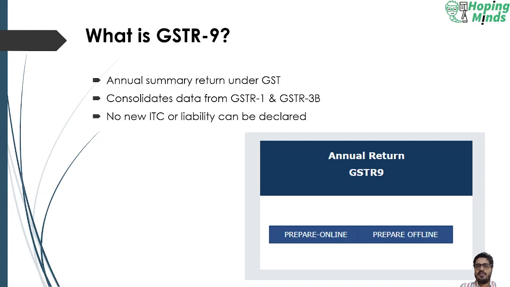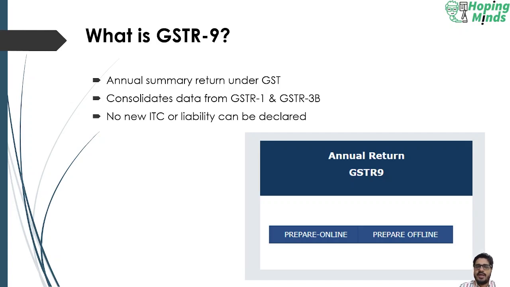Returns like GSTR-1, GSTR-3B that has been filed during the financial year are reconciled in the annual return. So annual return is a summary return and it is not meant for making any new claims. It is required to be filed under section 44 of the CGST Act and it captures the outward and inward supplies, input tax credits claimed, taxes paid and other adjustments made during the financial year.